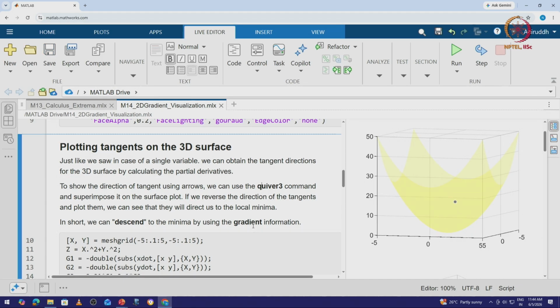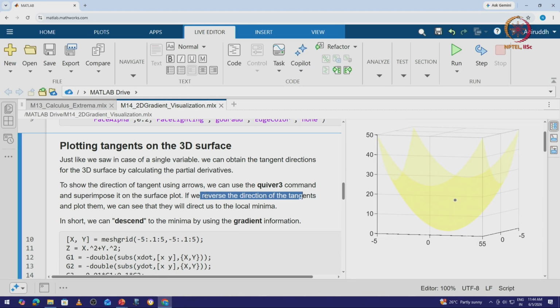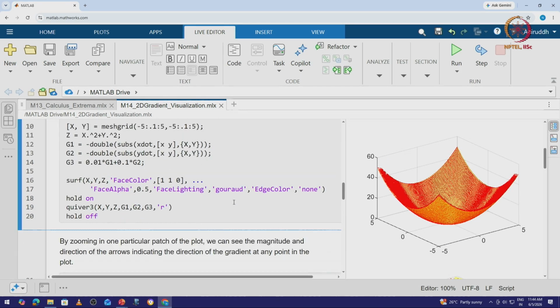Now we saw that gradient direction or gradient information is important to move towards the local minima or maxima, and if I take the reverse of the direction of the tangents, I would essentially direct towards the local minima. So let's observe that.